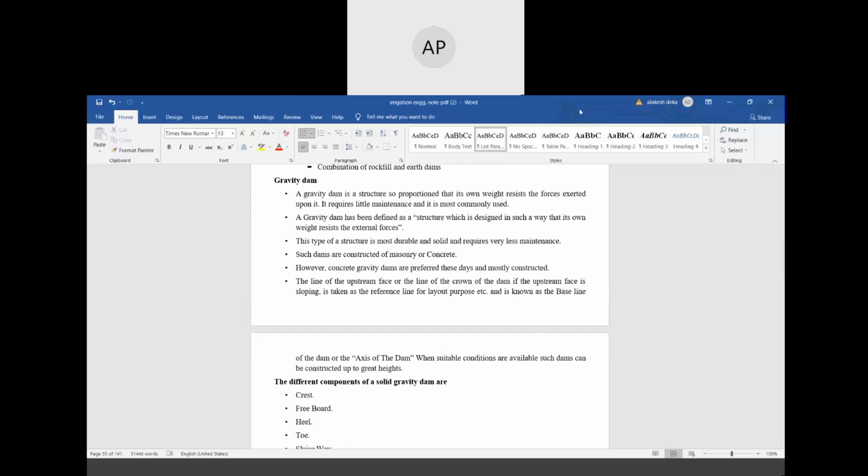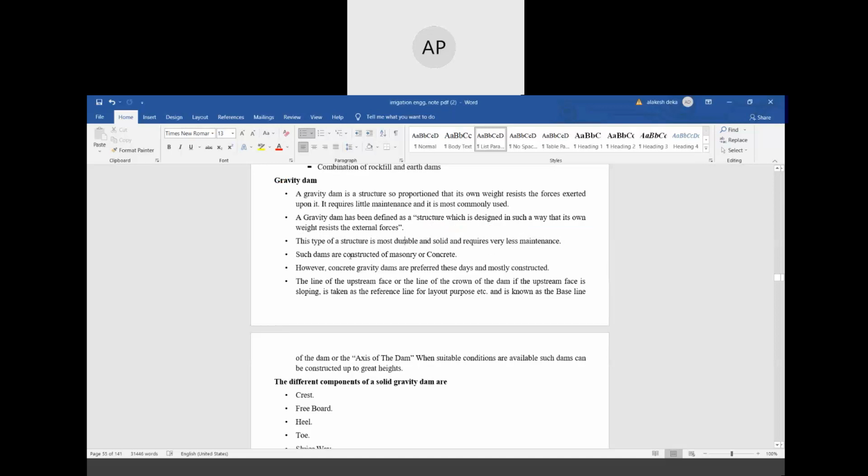Gravity dam. A gravity dam is a structure so proportioned that its own weight resists the forces exerted upon it. It requires little maintenance and it is most commonly used. This type of structure is most durable and solid and requires very little maintenance.